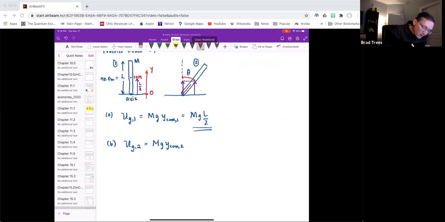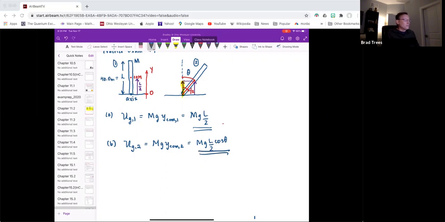Because this distance along there from the axis to the center of mass is L over 2. This angle right here is theta. And I want that length right there. But that length is L over 2 times cosine theta. So this is M times G times L over 2 times cosine theta.